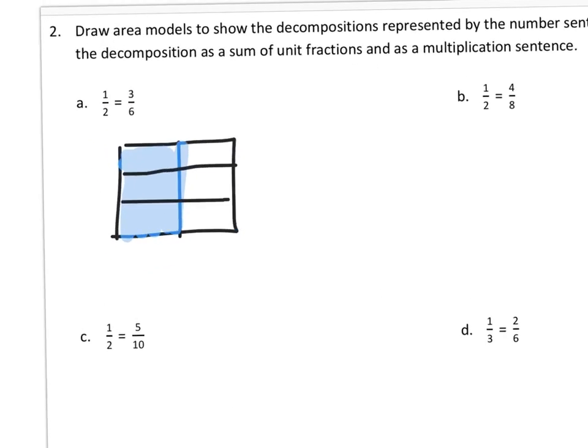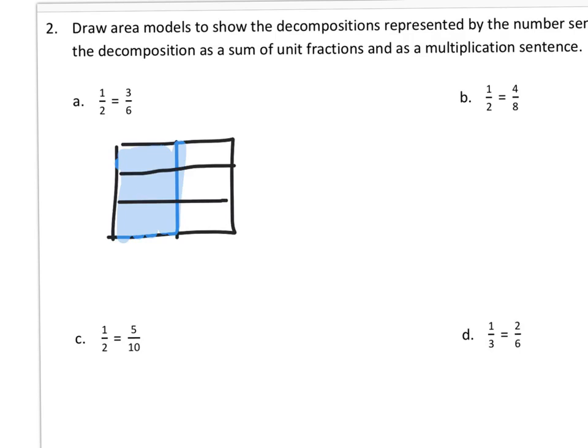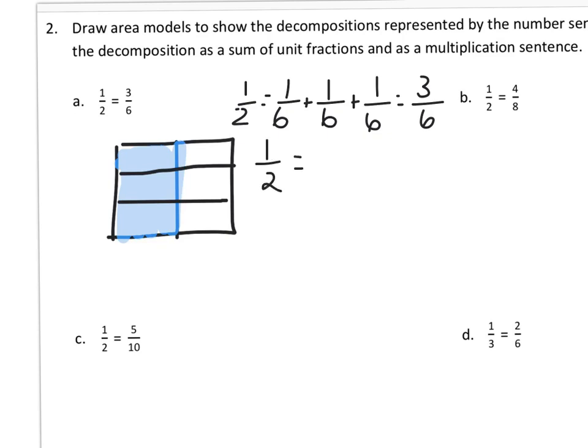I also have to write the addition, the unit, and so that would be 1/2 is equal to 1/6 plus 1/6 plus 1/6, which is another way of saying 3/6. And as a multiplication, I wrote 1/6 3 times, which equals 3/6.